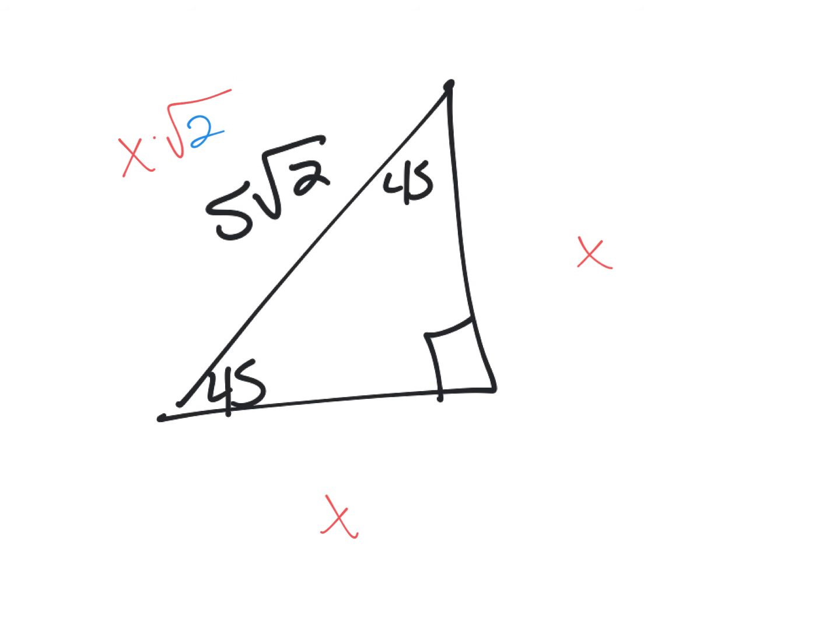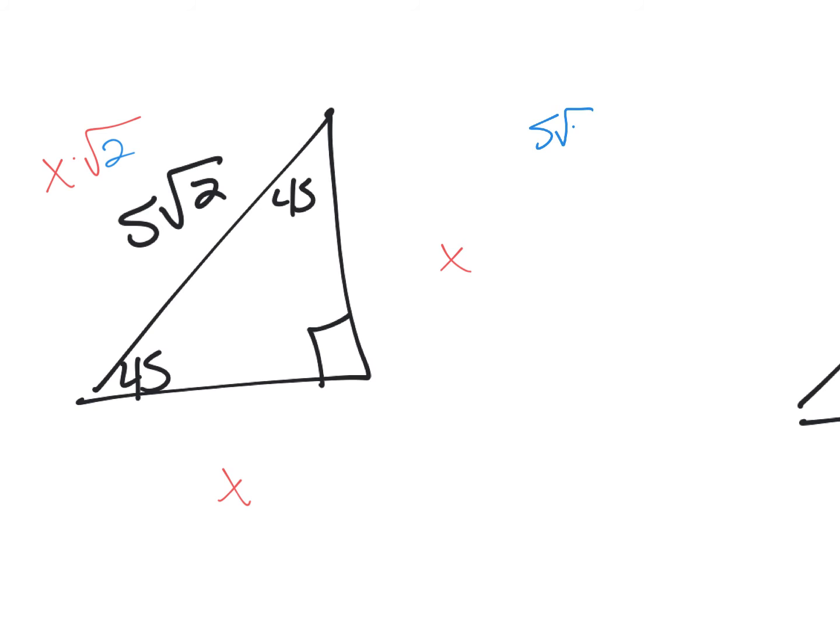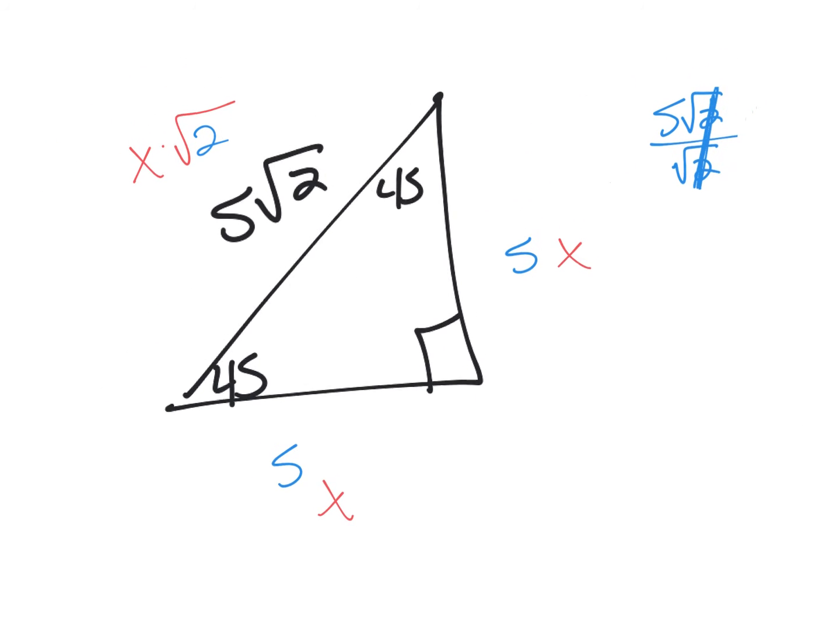It'd be 5 square root 2 divided by the square root of 2. Those cancel because we're trying to get that square root of 2 off of there. So this would just be 5. That makes sense. If the x is 5, then the hypotenuse would be 5 times square root 2.